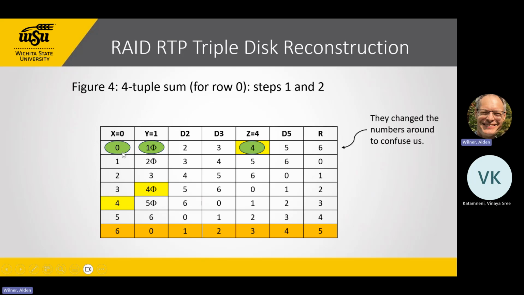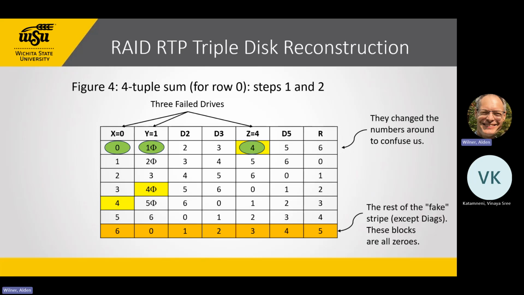We make the observation that we've got 3 failed drives. This is a fake stripe we can fill in. These are all zeros. These are just the location information on here, right? So the drop block, stripe 6 and so on would be there if there was a missing bit. These are the missing pieces in the horizontal.